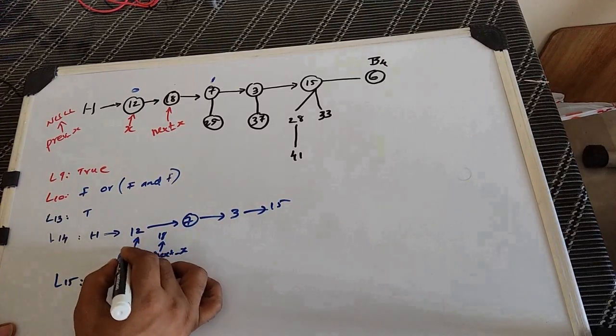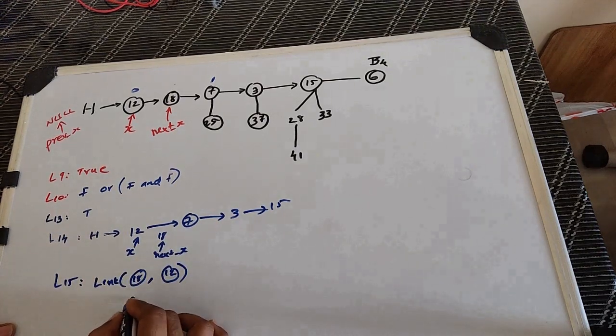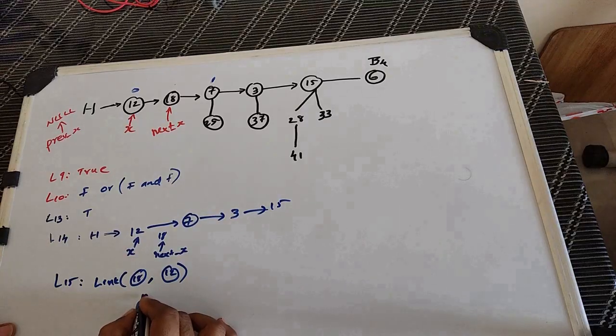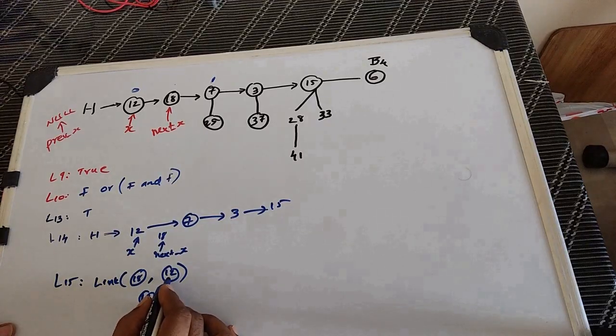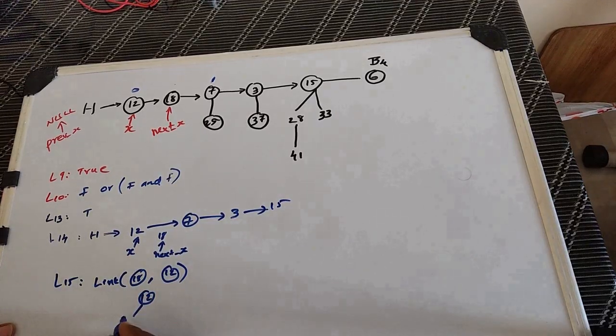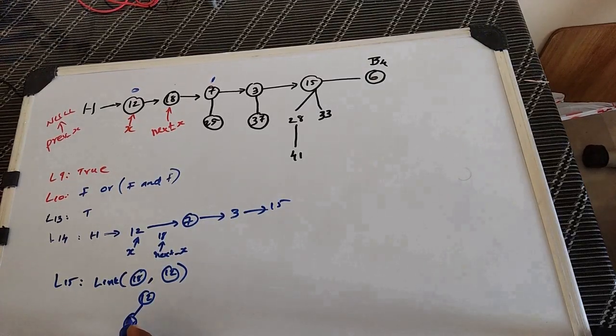X is 12. This node will be linked. The output is 12. It will be the parent, that is, the node with smaller key value. Then 18 will be its child. Okay, that is link.